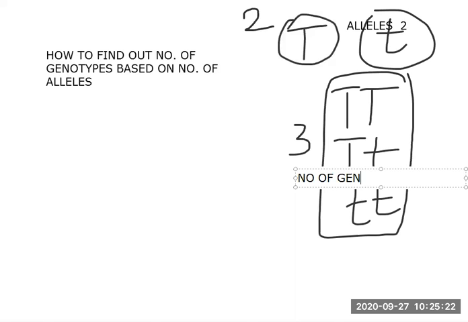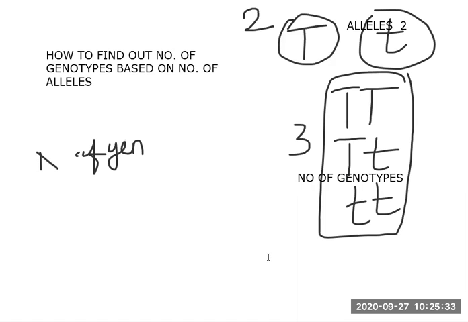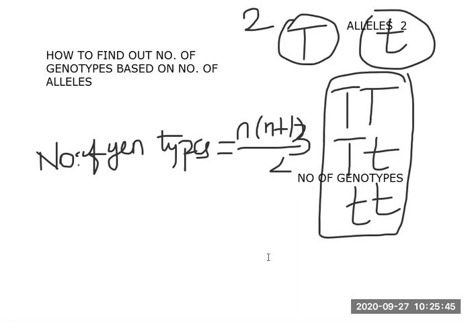So actually we have a principle for this. What is the principle? Number of genotypes equals n into n plus 1 by 2. I am writing here: number of genotypes equals n into n plus 1 by 2.